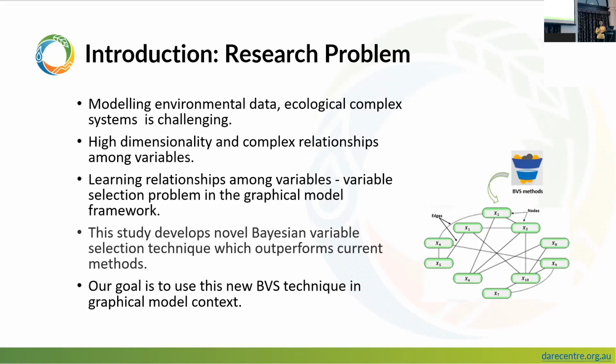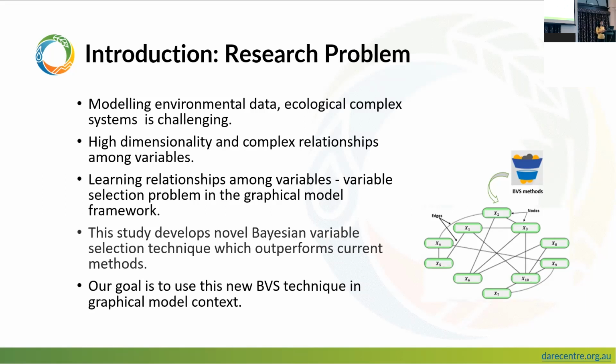Emma has already given you a good introduction to graphical models, the kind of graphical models called Bayesian networks. The important thing about graphical models is that they allow multiple relationships among variables, considering all the variables as X variables, and they can identify both the strength and the direction of the relationship.